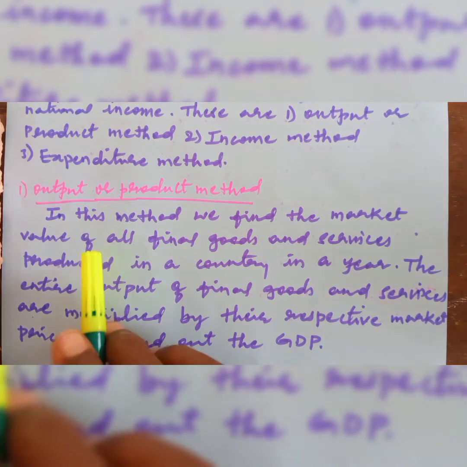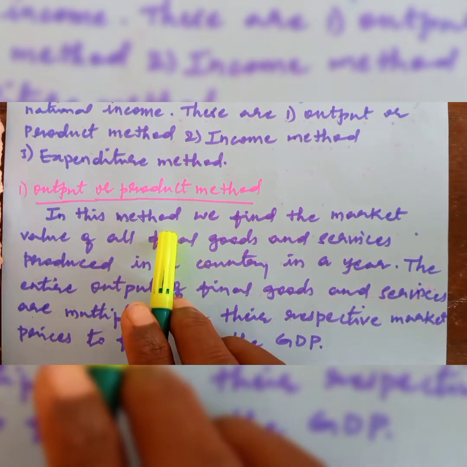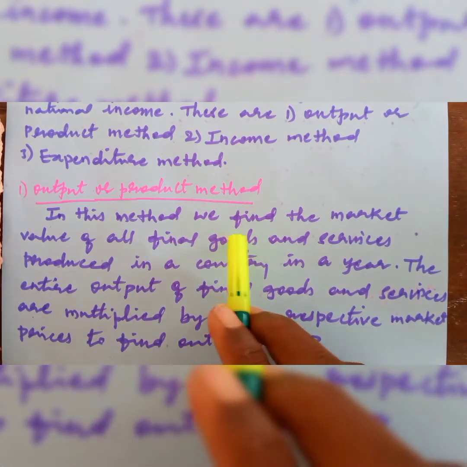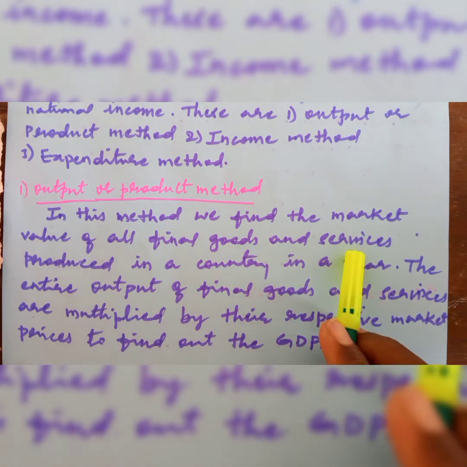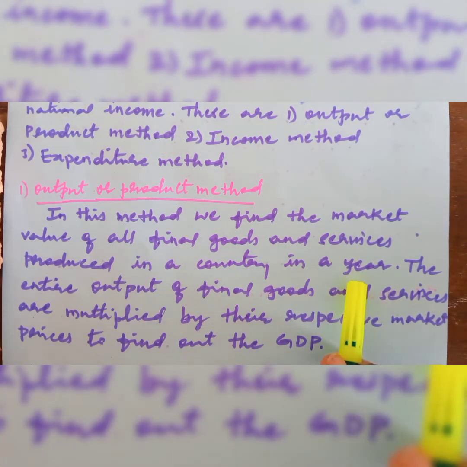Okay, so concentrate on this topic, students. In this method, means in product method or output method, we find the market value of all final goods and services produced in a country in a year.